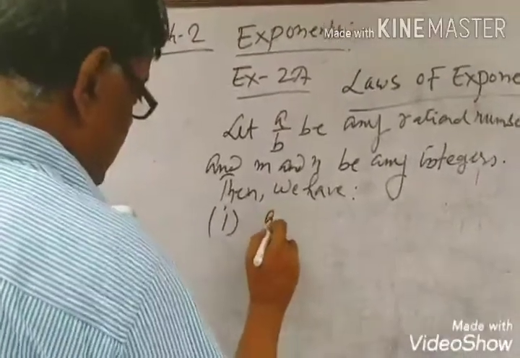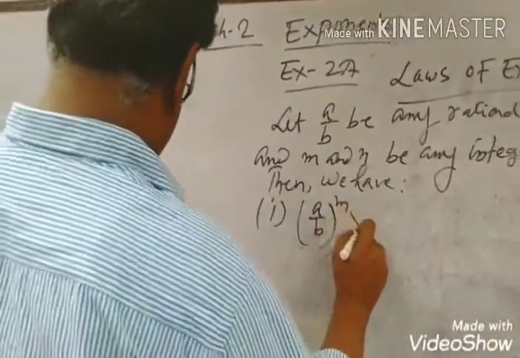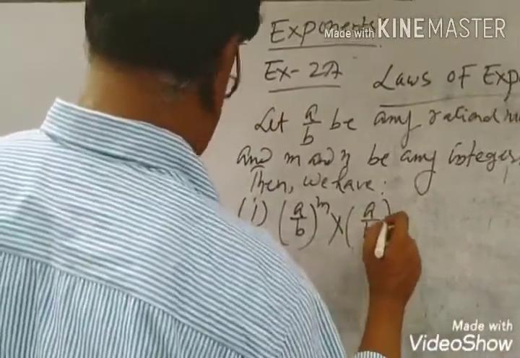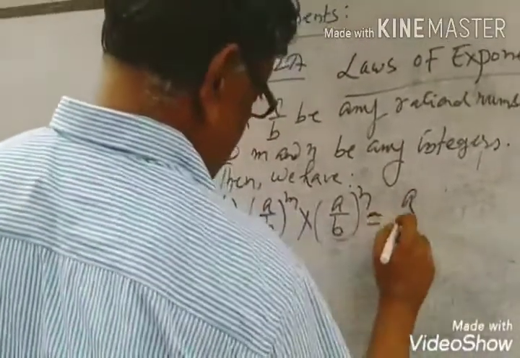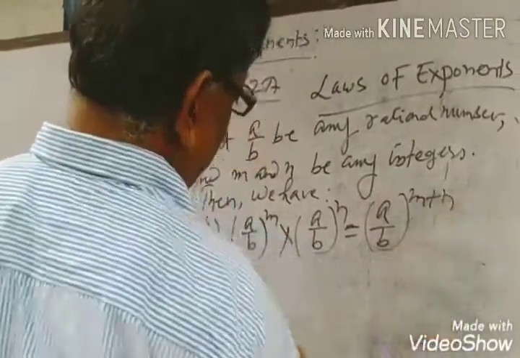First one: (a/b) to the power m into (a/b) to the power n equals (a/b) to the power m plus n.